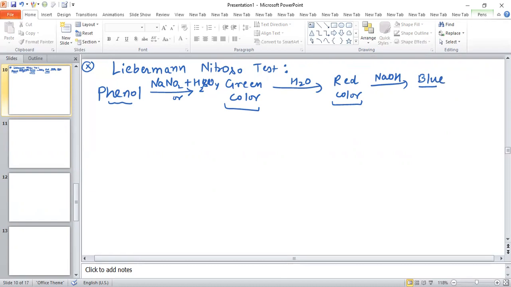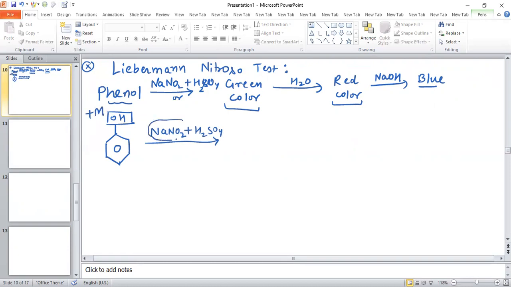Now see the steps which are used in this case. First of all I am taking the phenol. This is phenol having an OH group, and now I am adding NaNO2 plus H2SO4. This OH is basically a plus M group.